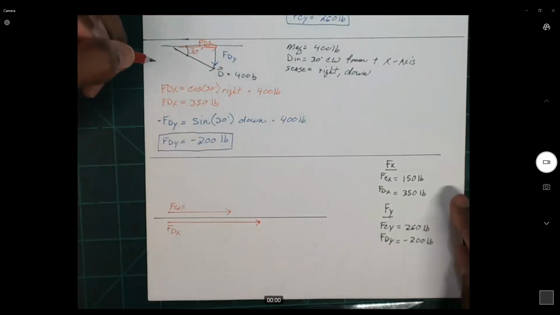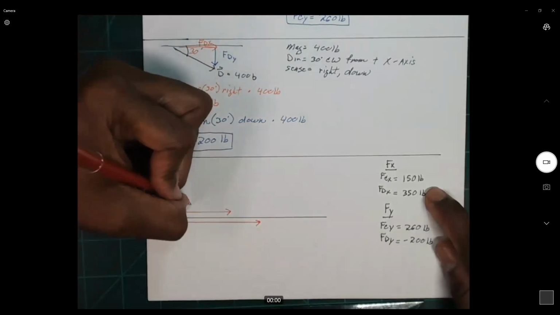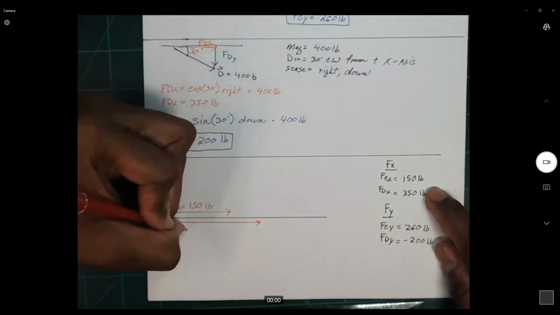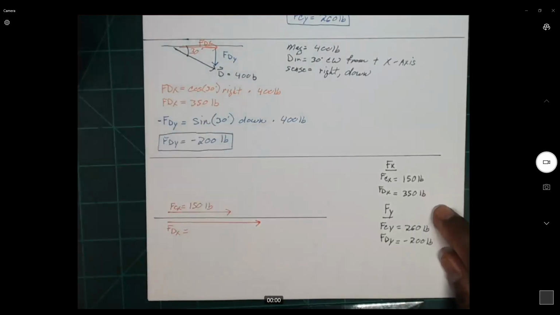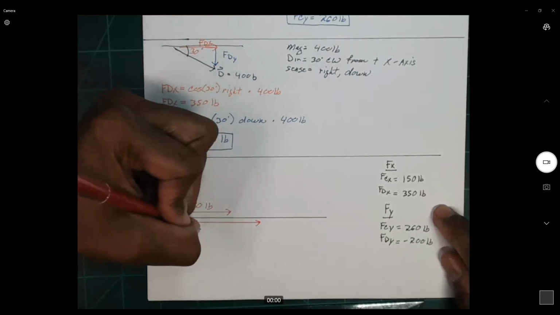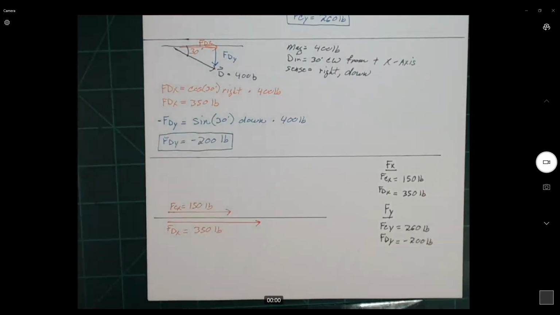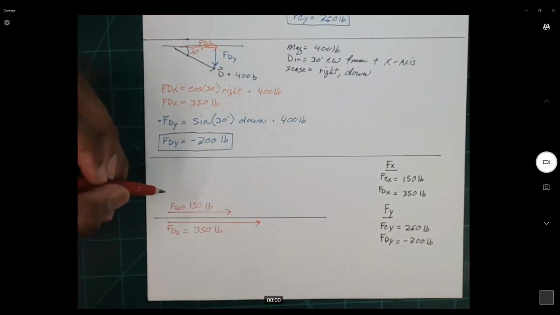Force cx equals 150 pounds. And force dx equals 300 pounds, 350 pounds, actually. Okay. And let's take a look at force cy and force dy.